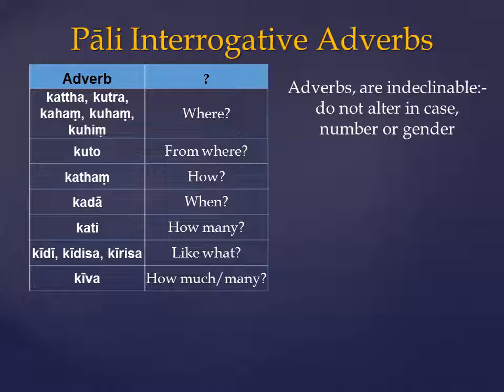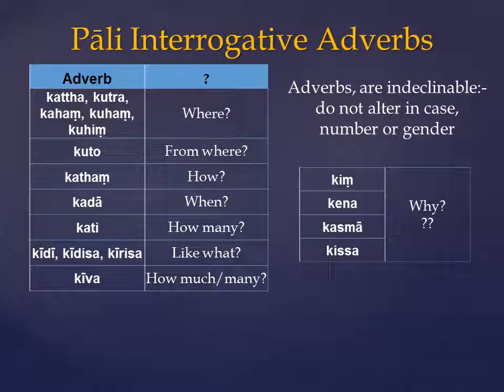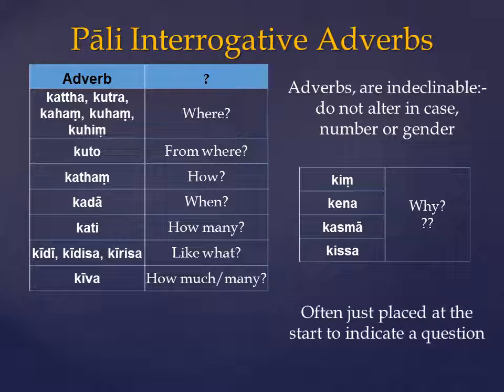Also, as well as these adverbs, the neuter forms of the accusative, instrumental, ablative and genitive pronouns that we've just seen can also be used in an adverbial sense. And when this is so, they too are indeclinable, which means they won't decline to match anything else in the sentence. And when they're used adverbially in this way, they can take the meaning why, or simply just be placed at the start of a sentence to indicate that it's a question.